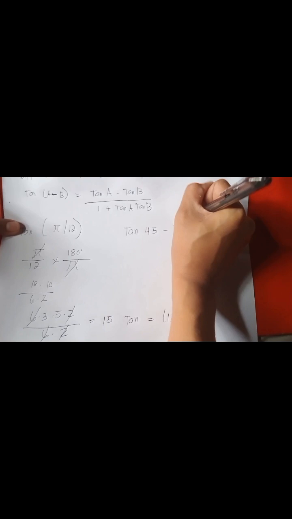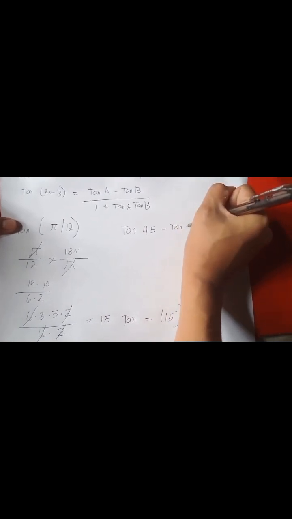So, tan 45 minus tan 30 over 1 plus tan A is 45, tan B is 30.